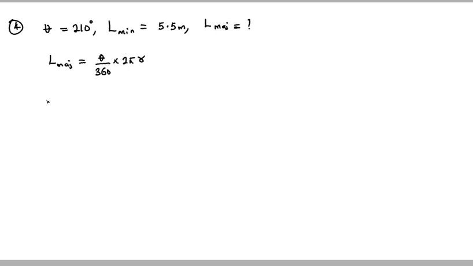But we have another fact, the length of the minor arc. Like I told you in the introduction, if I'm given the angle of the major arc, to get the angle of the minor, I'll do 360 minus the angle of major. Also, if I'm given the angle of the minor and want the angle of major, I will still do 360 minus the angle of the minor.